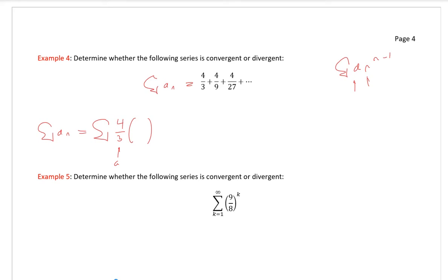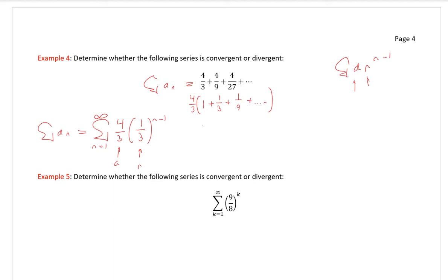Well, if I take out 4/3 from this, I have 4/3 times 1 plus 4/3 times 1 over 3 would give me 4/9, plus 1 over 9 times 4/3 would give me 4 over 27, plus etc. This is looking like 1 plus 1/3 plus 1 over 3 squared. So what I see as a common ratio here is 1 over 3 taken to an n minus 1. This would define that series there.